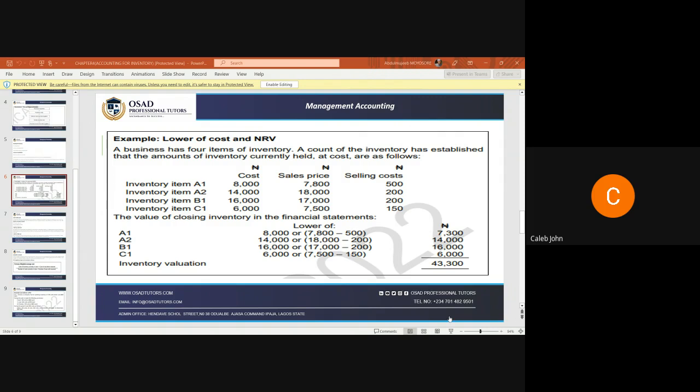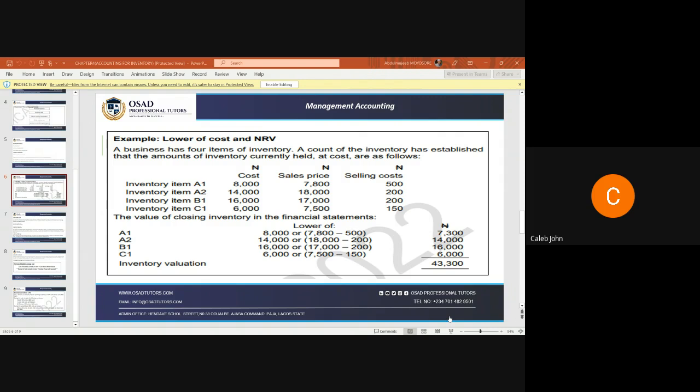A2: cost is 14,000, selling price is 18,000, while the selling cost is 200 naira. B1: cost is 16,000, selling price is 17,000, and selling cost is 200. C1: cost is 6,000, selling price is 7,500, while the selling cost is 150.